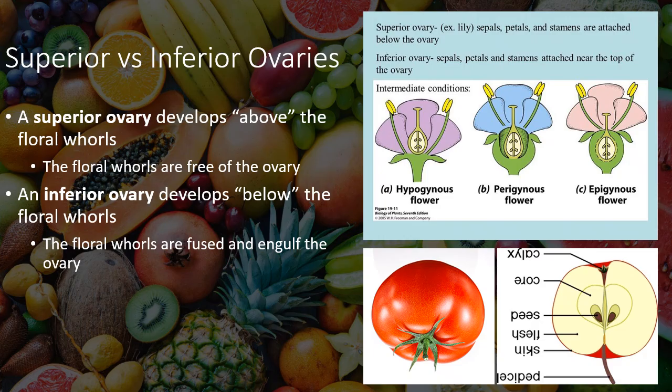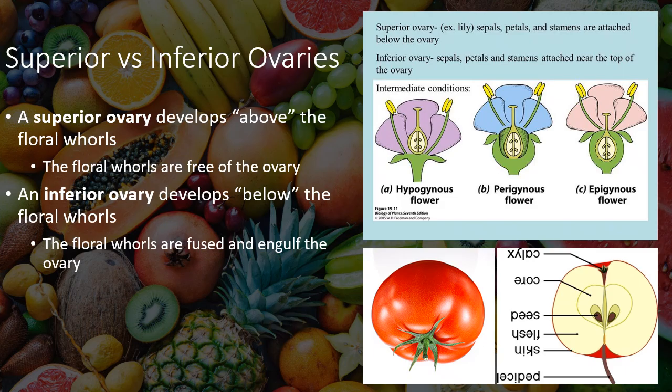So that's the bottom of the flower, and that would match up with our hypogynous flower with a superior ovary. In a superior ovary, the floral whorls are free of the ovary. There's no attachment of those structures to the ovary wall.